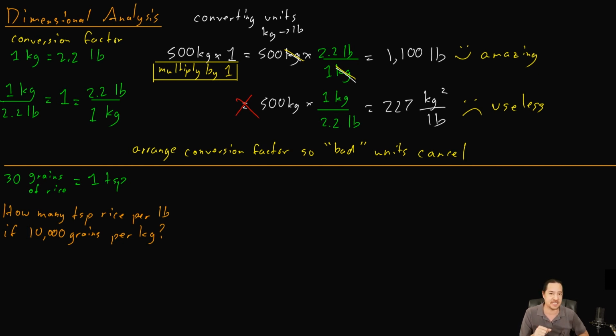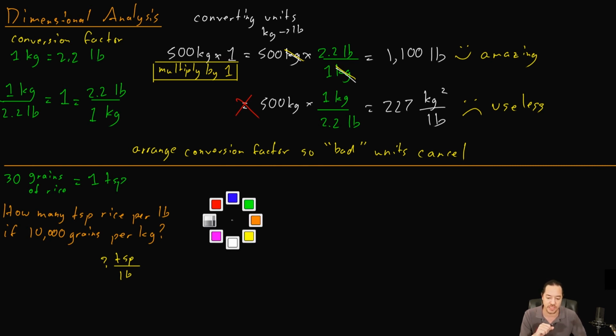Let's use that IC method again. We're going to identify what we know and what we need to know, okay? So what do we need to know? What's our target here? Well, we want to know teaspoons of rice per pound, right? This is sort of our target. What is this number? How many teaspoons of rice per pound?